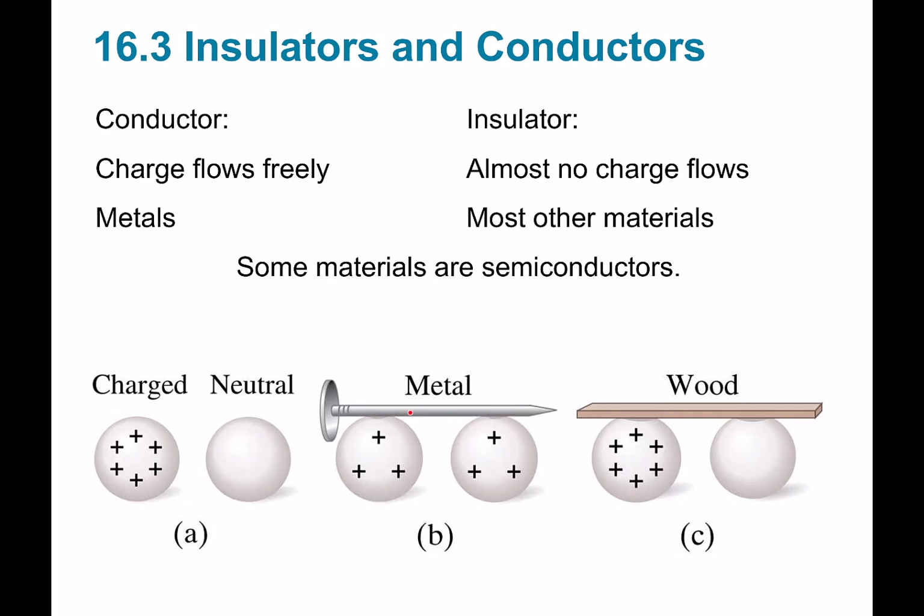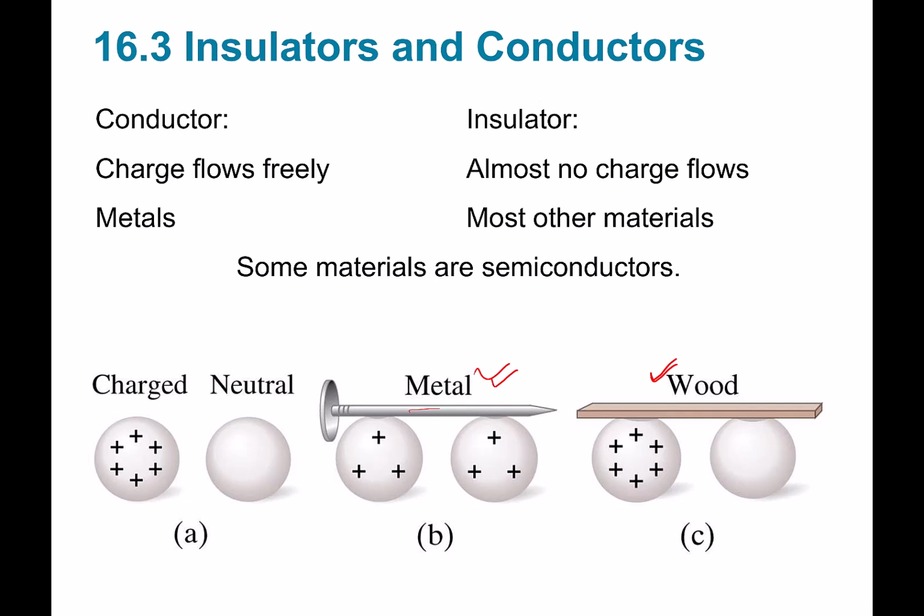We are dumping the charge over to it, because the nail is metal. But if we use wood, nothing is going to happen, because wood is a non-conductor and the nail is a conductor.